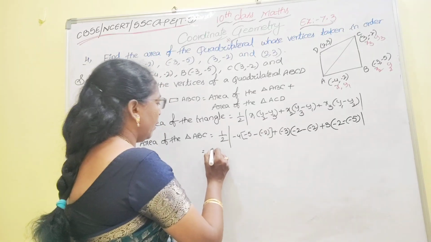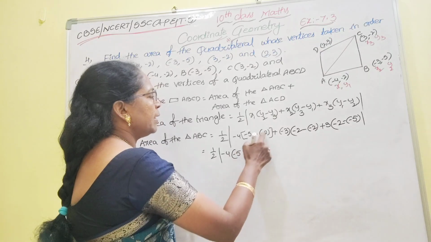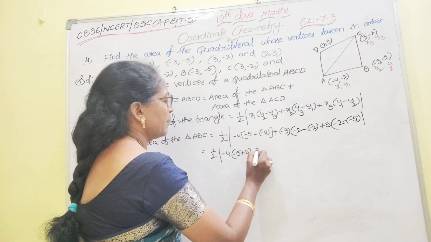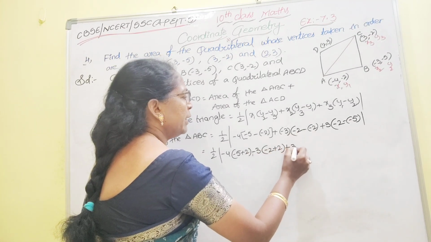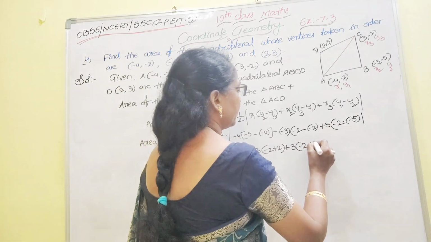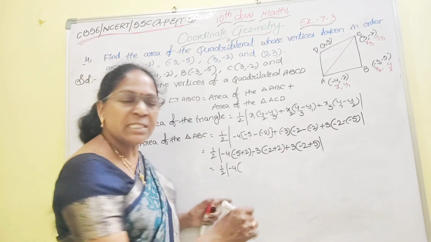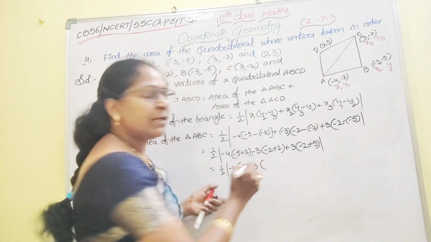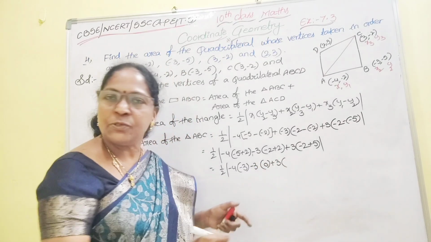Let's simplify here. Half modulus of -4 into -5 plus 2, plus -3 into -2 plus 2, plus 3 into -2 plus 5. Now half into -4 into -3, minus 3 into 0, plus 3 into 3.